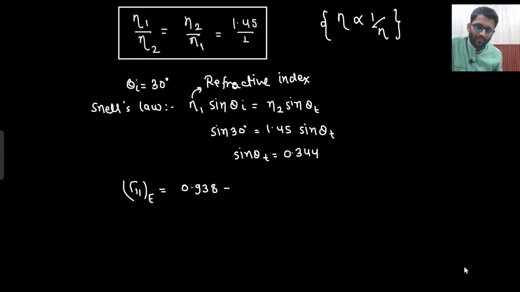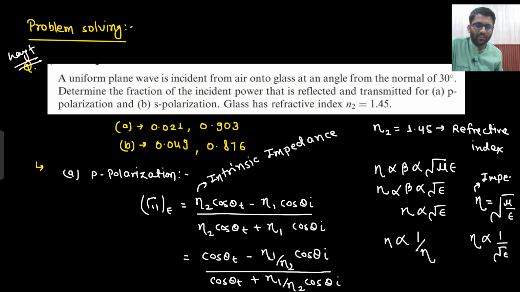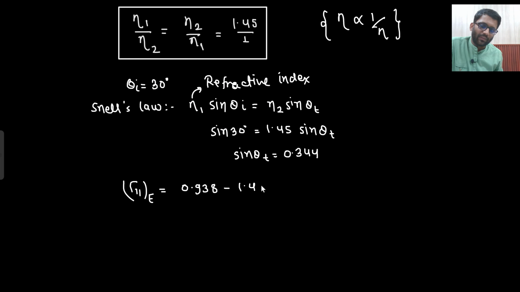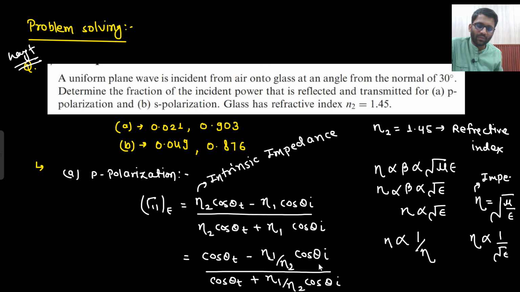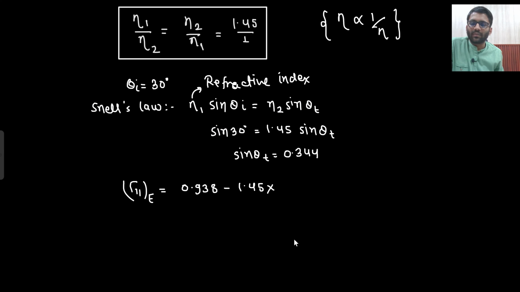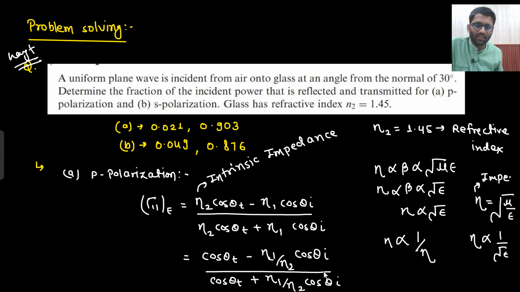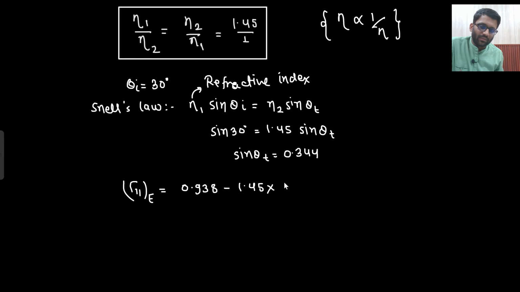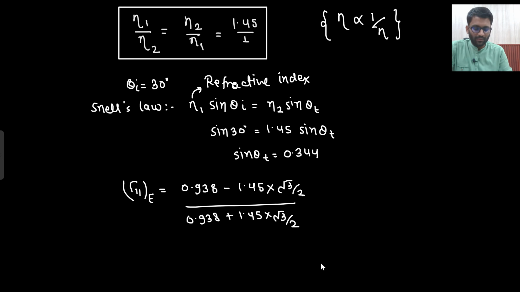0.938 minus η1 by η2, which is 1.45, into cos θi. Cos θ is sin 30. No, sorry, cos 30. So cos 30 is under root 3 by 2. And then 0.938 plus 1.45 under root 3 by 2. Okay. So let's see the answer now.